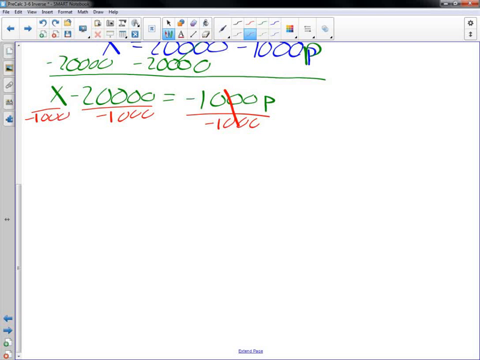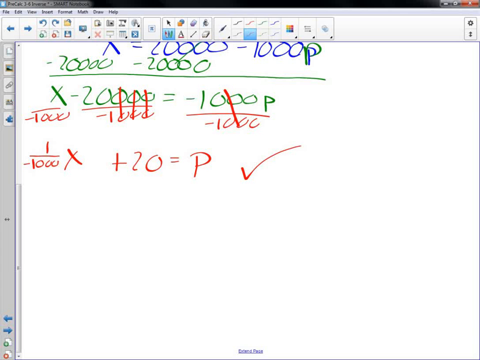You give me plus 20. P, and this is going to be, I could write it like this, 1 over negative 1,000 x, or you could have x over negative 1,000. Either way works. So this is now the inverse function of that original equation they came up with.